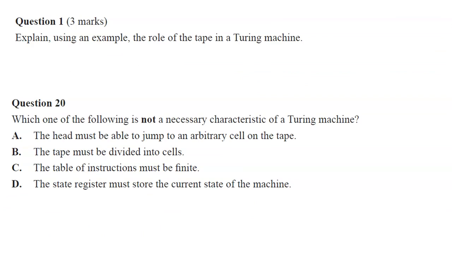Now have a go at writing down the key bits here, and I write down some keywords and then try and form that into a sentence. So what do we know about the tape in the Turing machine? It's the tape specifically. We don't want to discuss other stuff. So it stores data. It's got a defined alphabet.